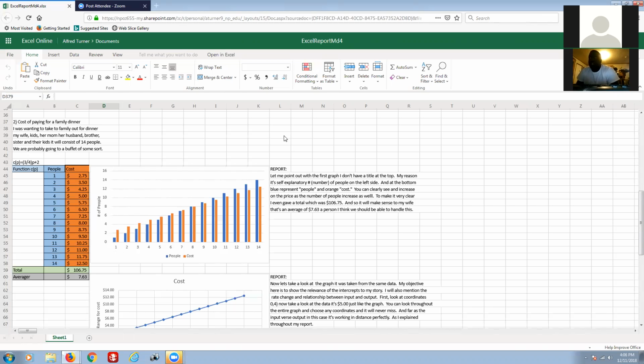You can clearly see the increase in the prices as the number of people increases as well. To make it very clear, I even gave a total, which was $106.75, and so it will make sense to my wife that an average of $7.63 a person. I think we'll be able to handle this.